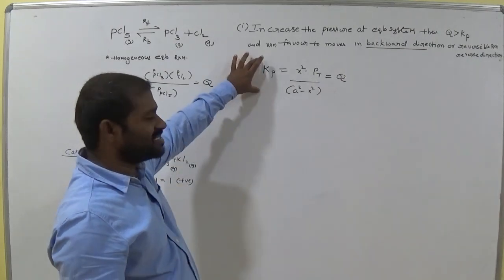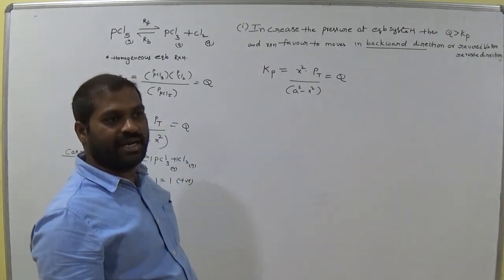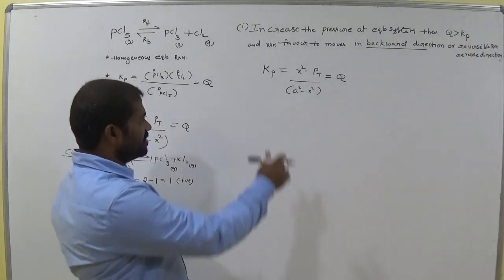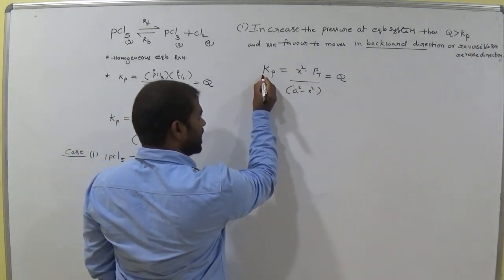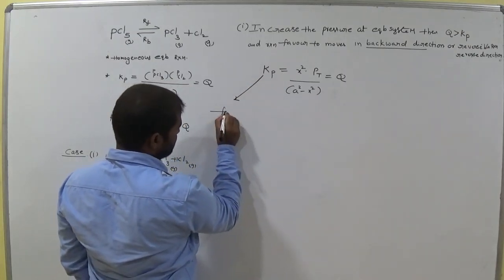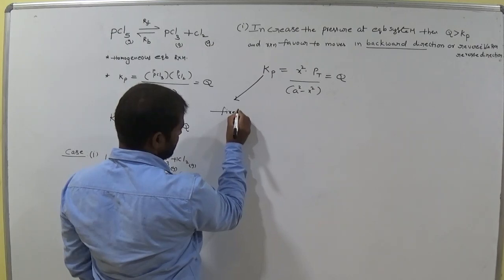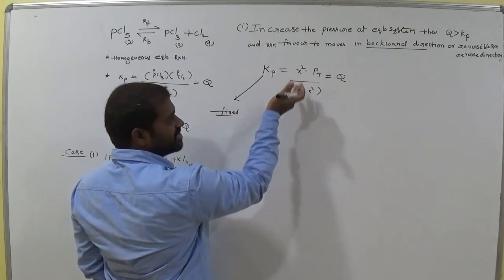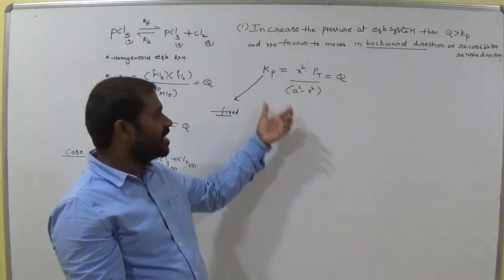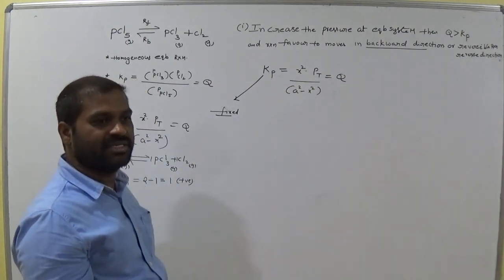So Kp is the equilibrium constant in terms of partial pressure, so it is a constant. That's why Kp is always fixed. Whatever changes happen here, Kp remains fixed, there is no change.